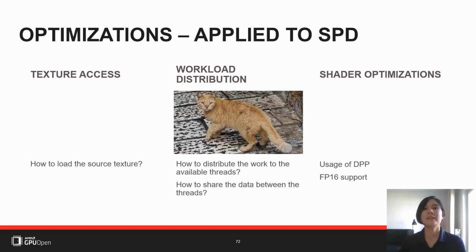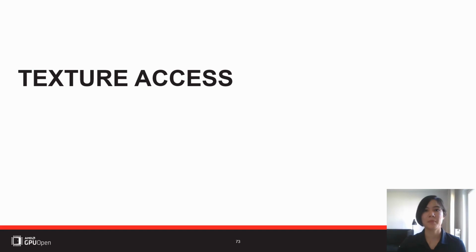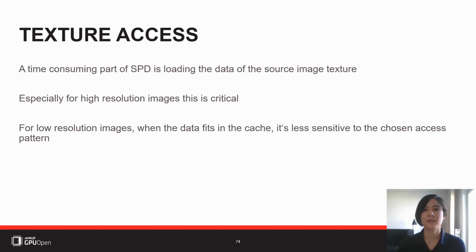So let's use this SPD approach and see how the previous optimization strategies were applied to SPD to get the maximum performance out of it. First, let's talk again about texture access. Texture access is really important for SPD in general because loading from the source texture takes a big part of the time, especially for high resolution textures, where it's a lot of data to load.